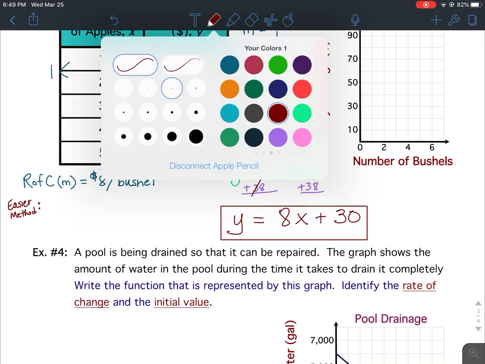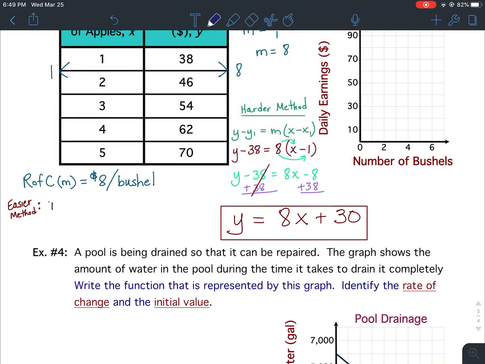To find your initial value, your y-intercept, you're going to take the value of y when x is 1 and subtract the slope. And that will give you your y-intercept. So I'm going to take the value of y when x is 1 and subtract the slope.